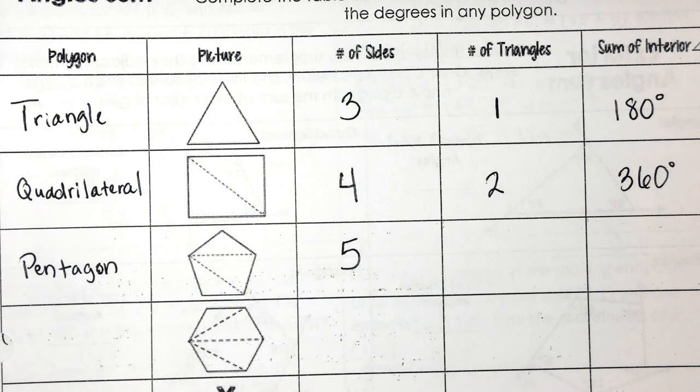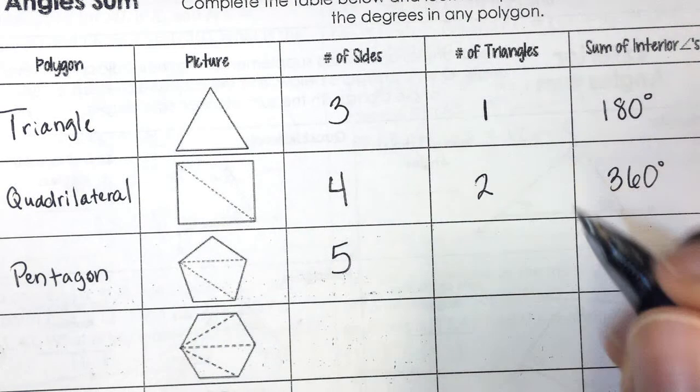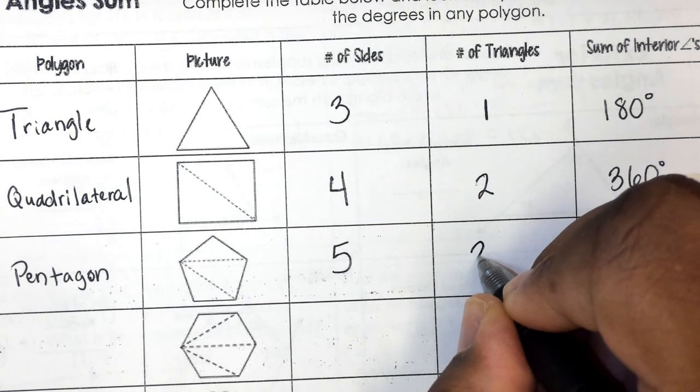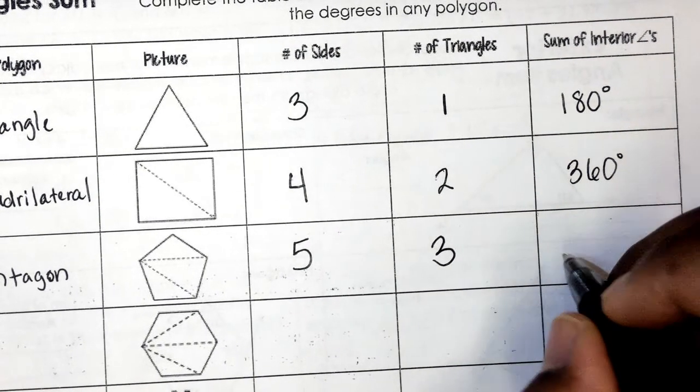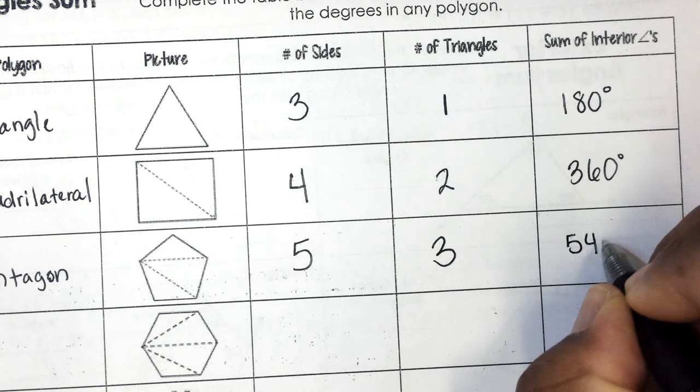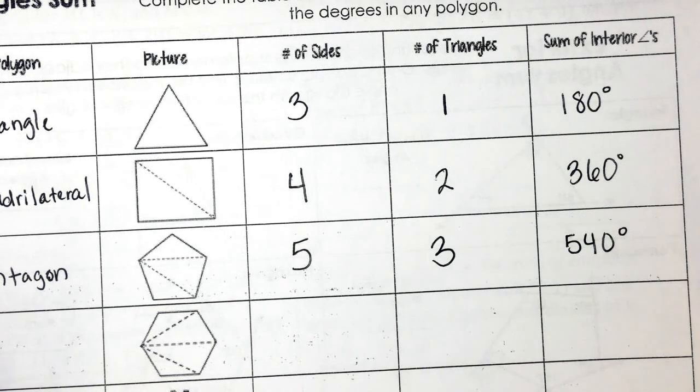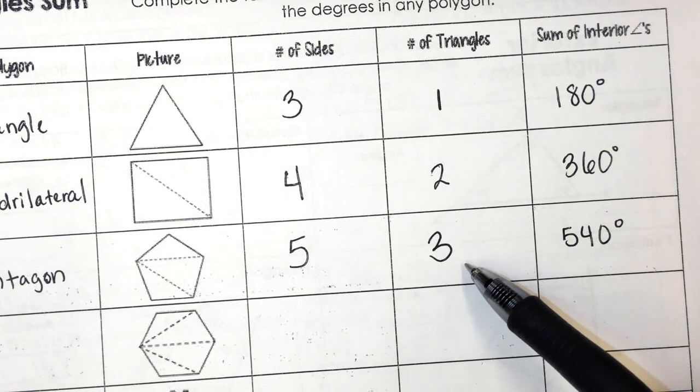We're showing you once again from any one vertex of a pentagon, using diagonals, I can create 3 triangles inside of that pentagon. If I can create 3 triangles, what is the sum of the interior angles of a pentagon? 540 degrees. If people don't know what we're doing, all we're doing is taking 180, times it by the number of triangles we can create.